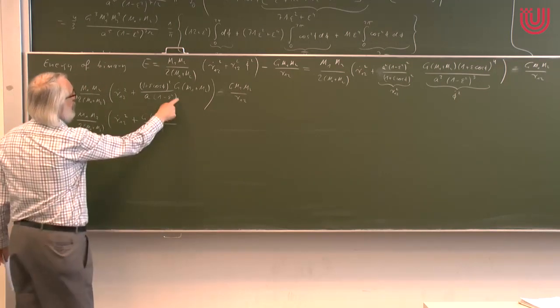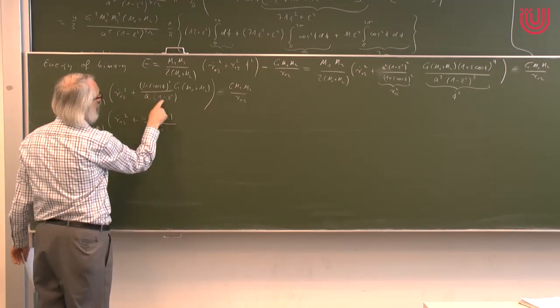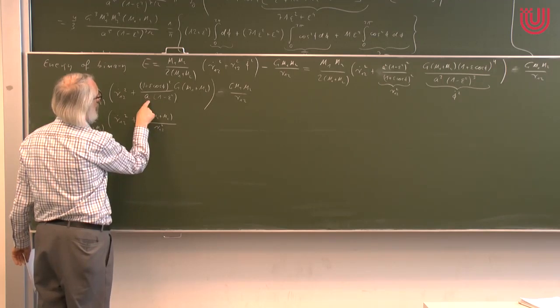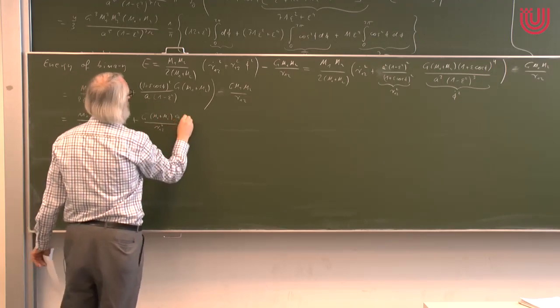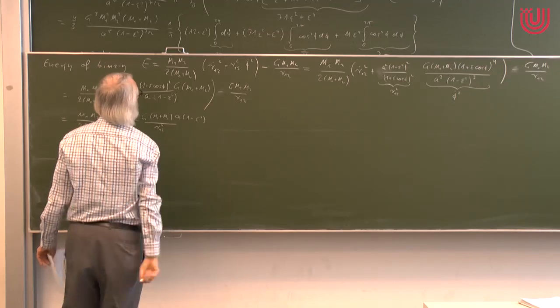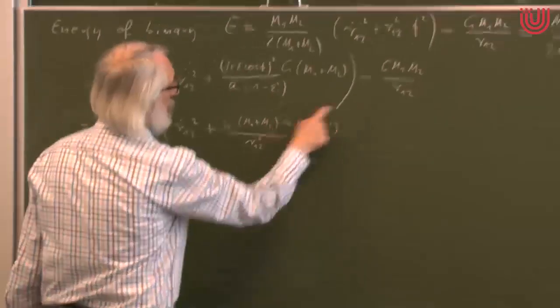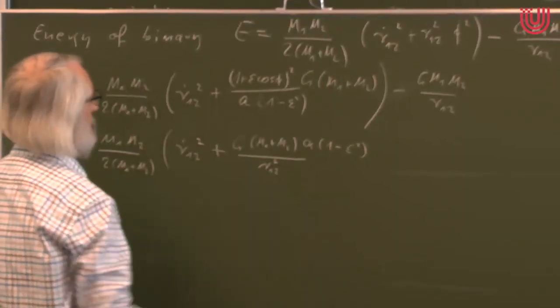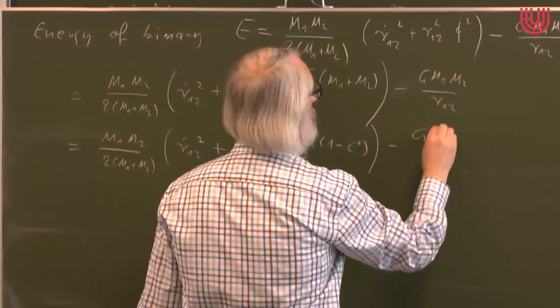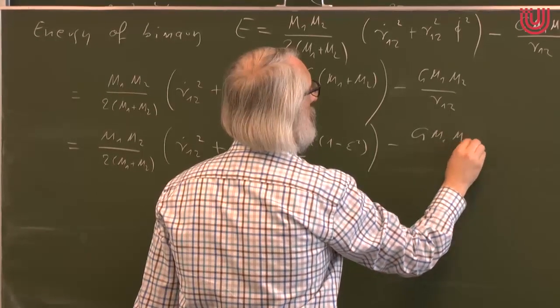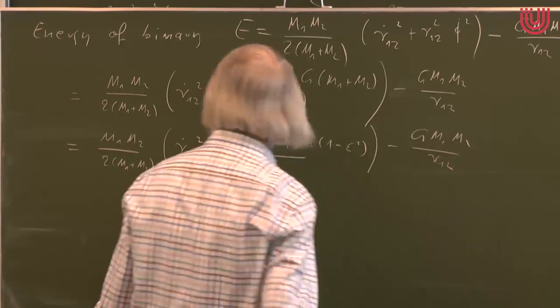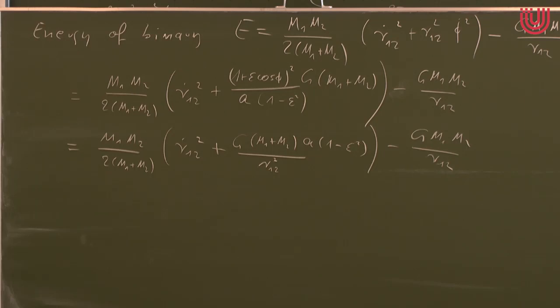That's not exactly what is written here. I have these two terms squared here, but they are not squared here, so I have to multiply this with 1 minus epsilon squared. Yeah, so this here is exactly this quotient. Minus G m1 m2 over r12. So that's the expression I wanted to derive.